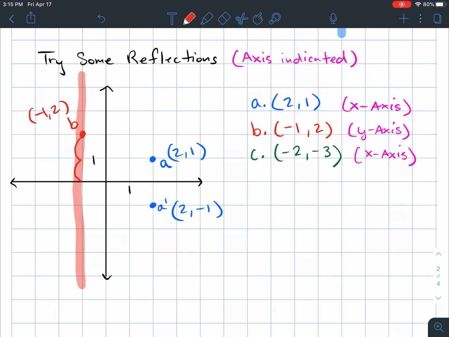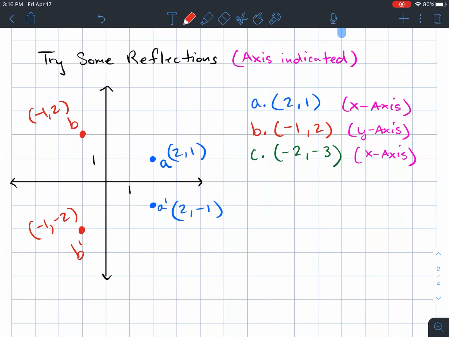So it's 2 units away from the x-axis. So that means it's going to be 2 units in the opposite direction from the x-axis, and this is where B prime would be. And again, prime is just an indication of the point after you moved it. It is still at -1 on the x, but it's now at -2 on the y.